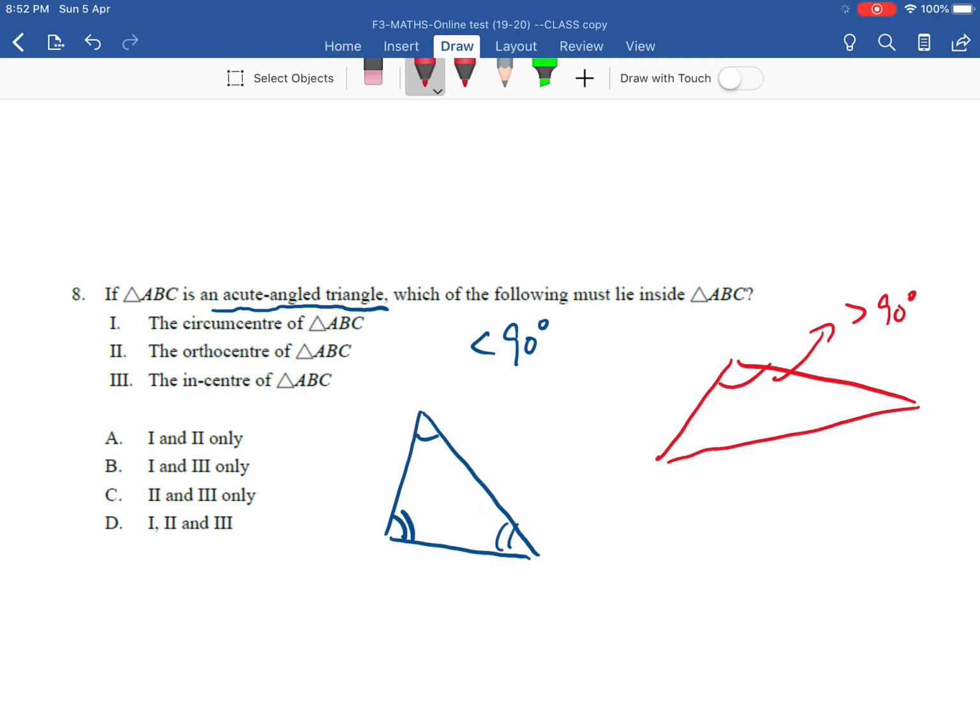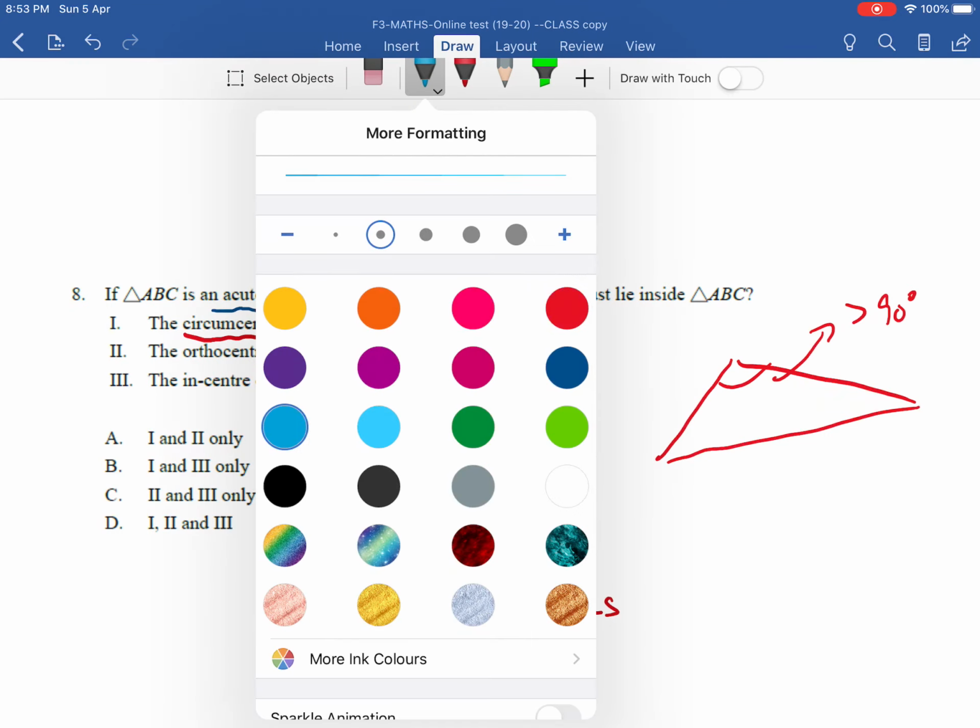And now I see the circumcenter. Circumcenter is composed of the perpendicular bisectors. And here, the perpendicular bisector. You know that only two lines intersect, so this is always inside the triangle.